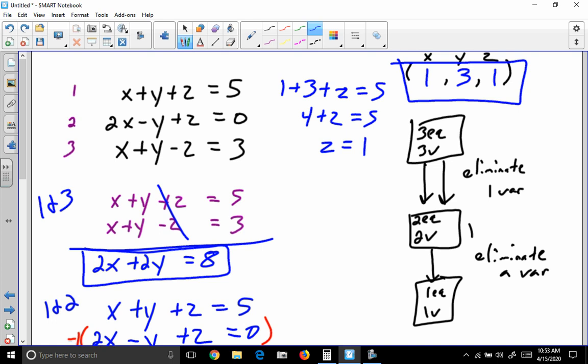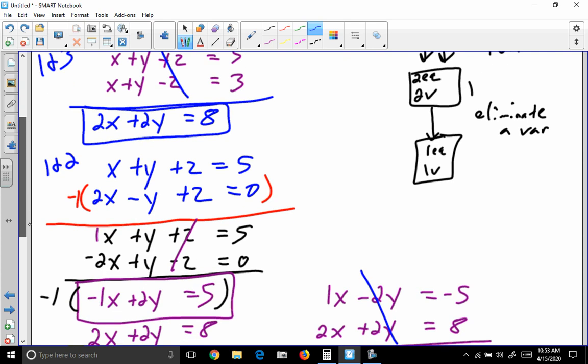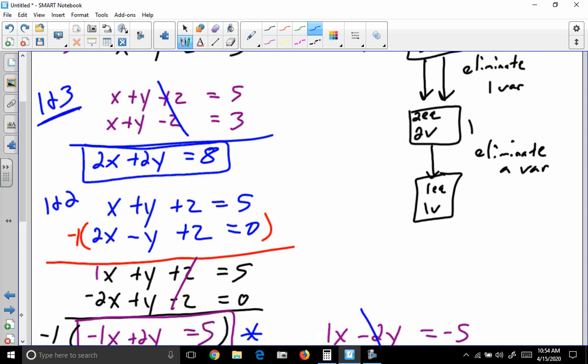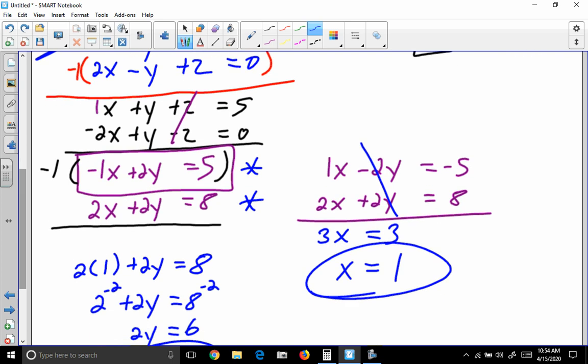So if we just review what we did, we went from 3 equations that had 3 variables to, once we eliminated a variable, 2 variables, but we needed 2 equations with the same 2 variables. So we eliminated a variable using one pair of equations, and we eliminated a variable using another pair of equations. But we had to make sure we were eliminating the same variable both times. That gave us 2 equations with the same 2 variables.